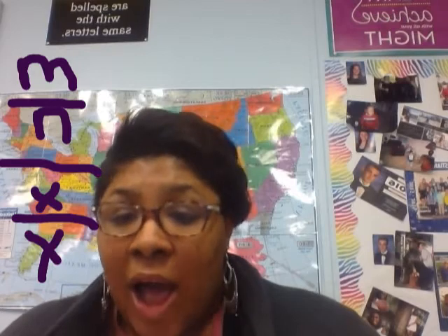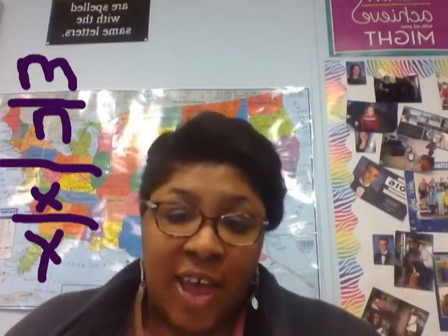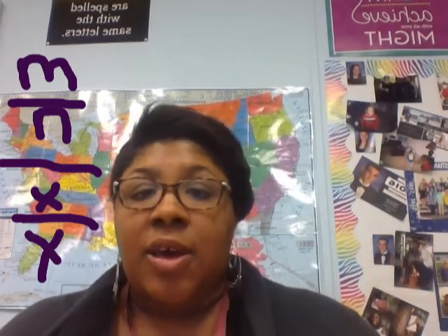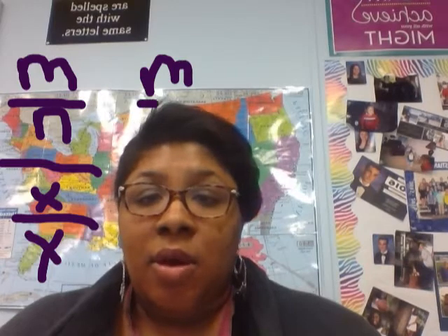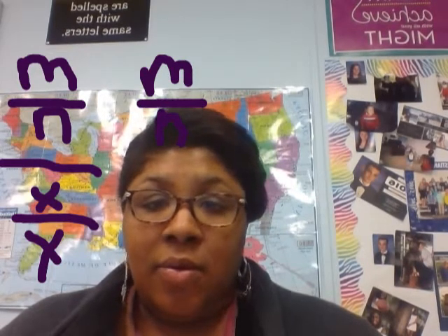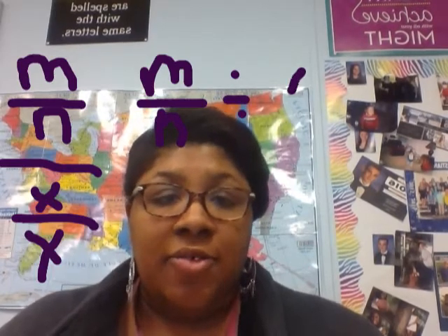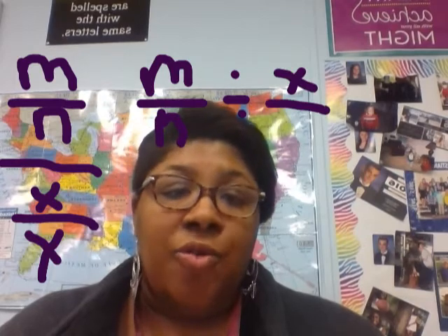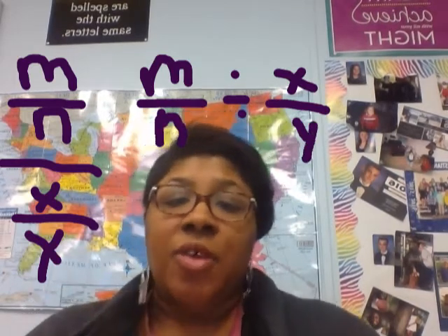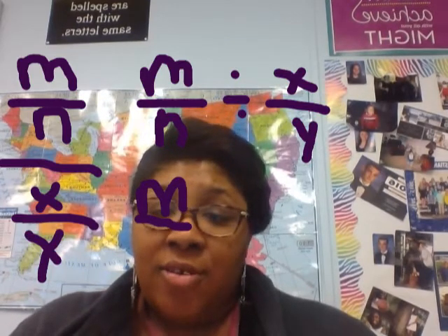This is an X. This is a Y. For some of you that think it just has a little extra tip on it, but this is Y. X over Y. Okay. M over N divided by X over Y.